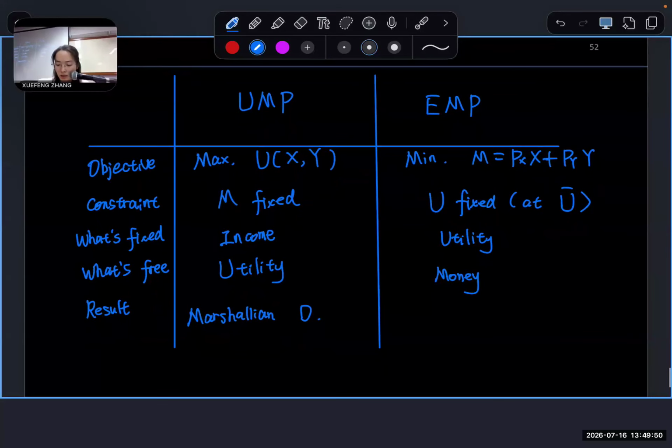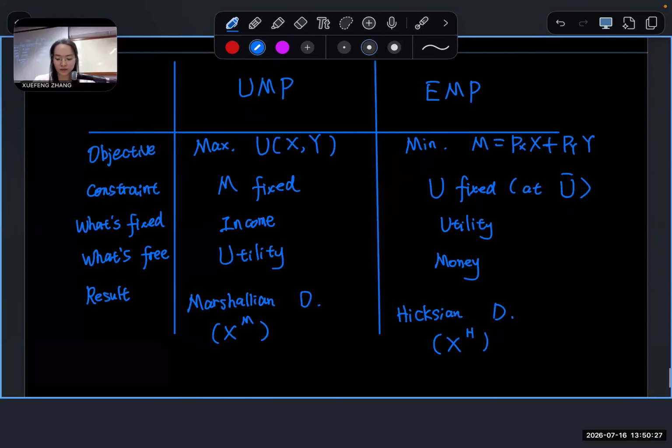And then you're going to get the Hicksian demand. I'm going to use X M to represent Marshallian demand, and for Hicksian demand it is X H. All right? Okay, let me continue.